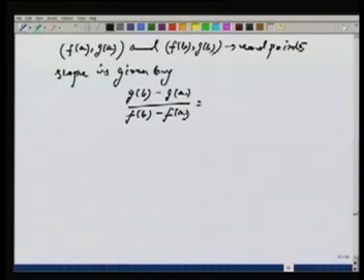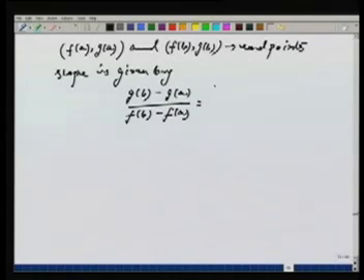And then Cauchy's mean value theorem says that this slope is actually the same as, pretty similar to the usual mean value theorem.